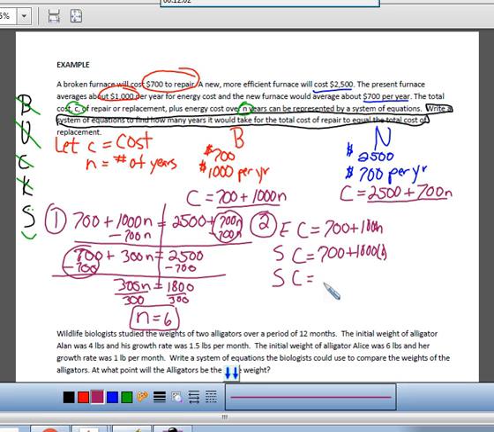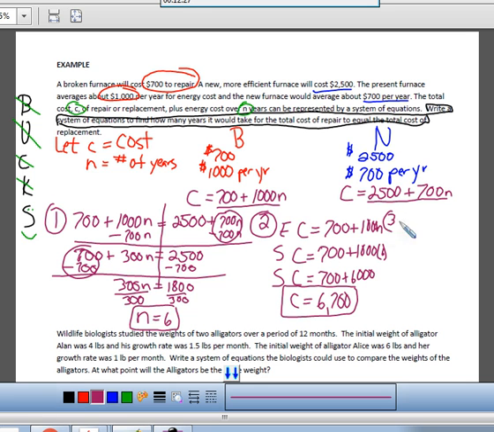So C equals 700 plus 6,000. So C equals 6,700, and that's dollars, remember. So there is my other variable. So I now know what C and N are. N is the number of years, that's going to be 6 years. They are both going to equal the same amount, which is $6,700.